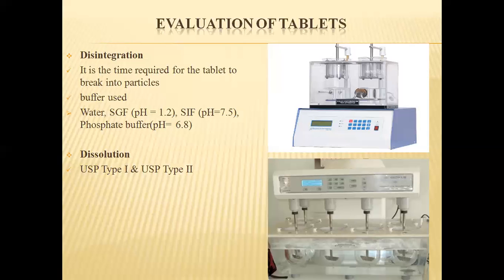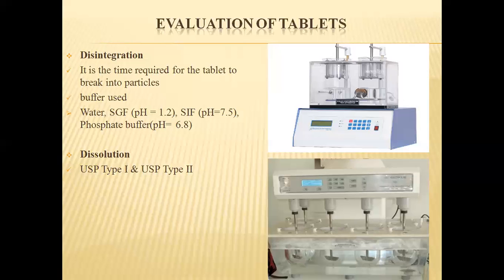The third one is in case of enteric coated tablets. We have to place one tablet each in the basket, and then we have to immerse the basket in water for 5 minutes at room temperature if the tablet contains a soluble external coating, and we have to operate the apparatus for 2 hours after immersing it into 0.1 normal HCl solution maintained at 37 plus minus 2 degrees centigrade.